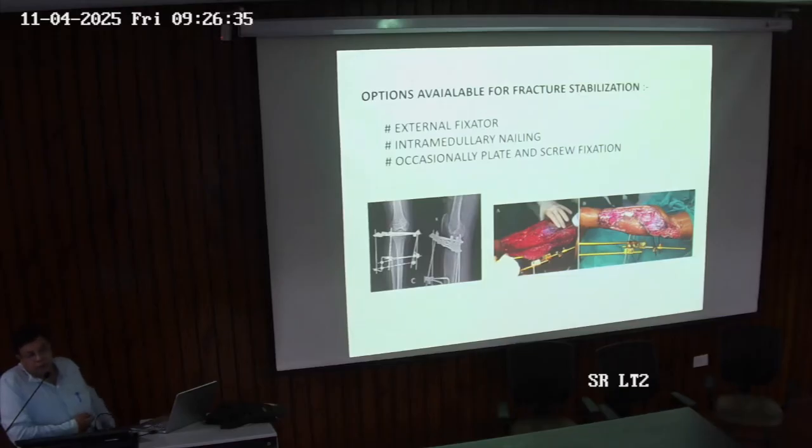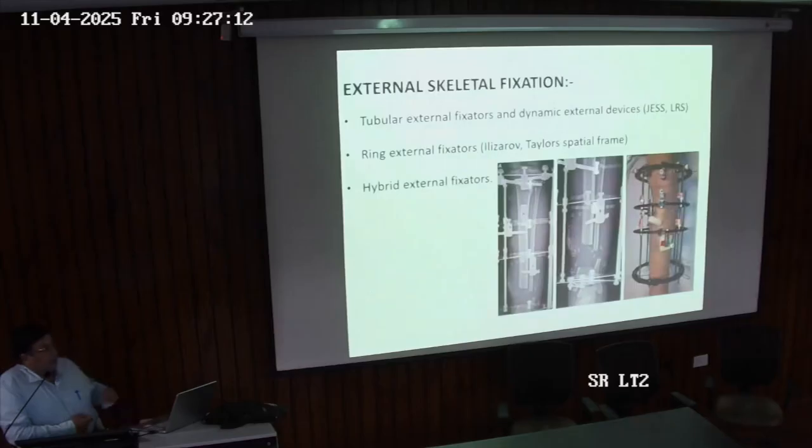So the external fixator allows frequent dressing, as an open wound needs regular dressing, and it allows the plastic surgeon to give flaps, and we can frequently observe the condition of the limb. And on the left, a small wire is passed through the bone, and it is called a Jess fixator. And in this picture you can see a ring fixator.